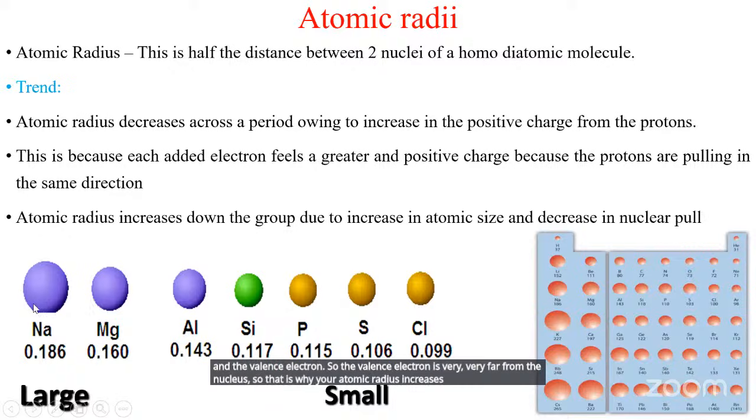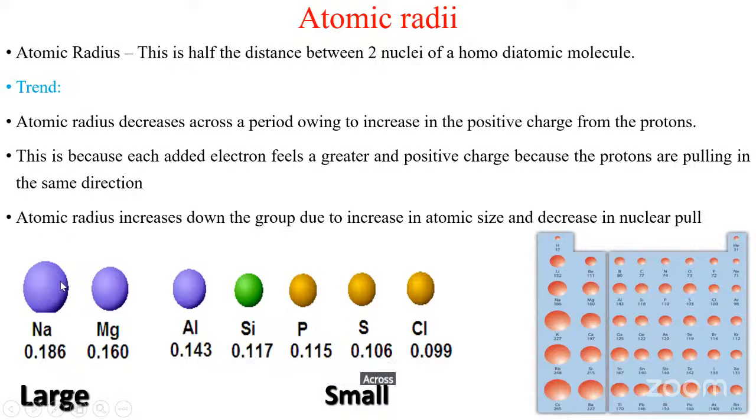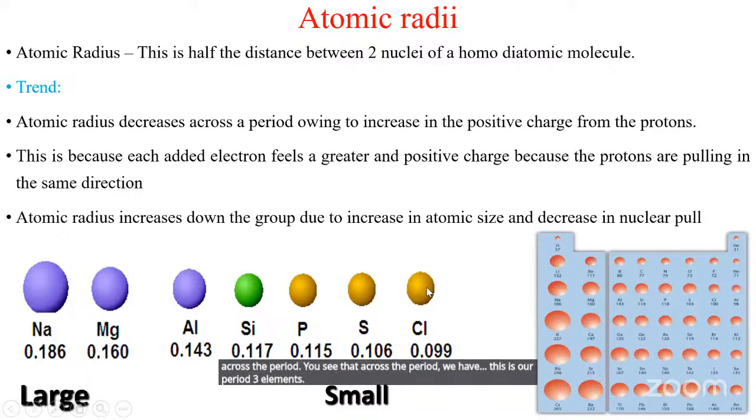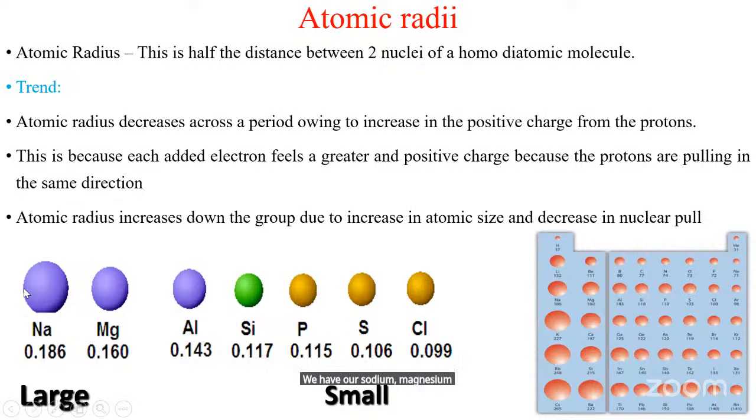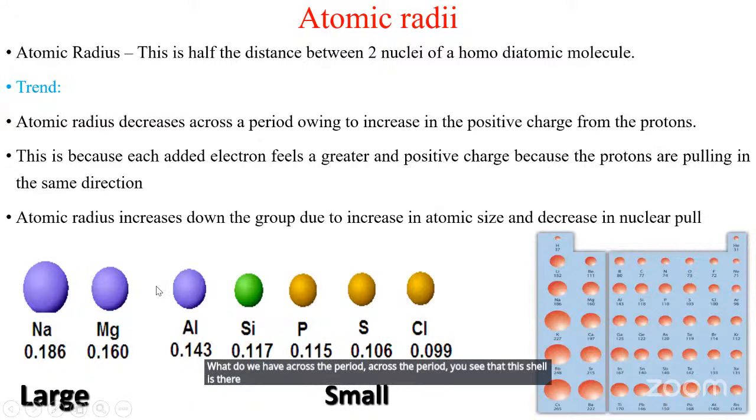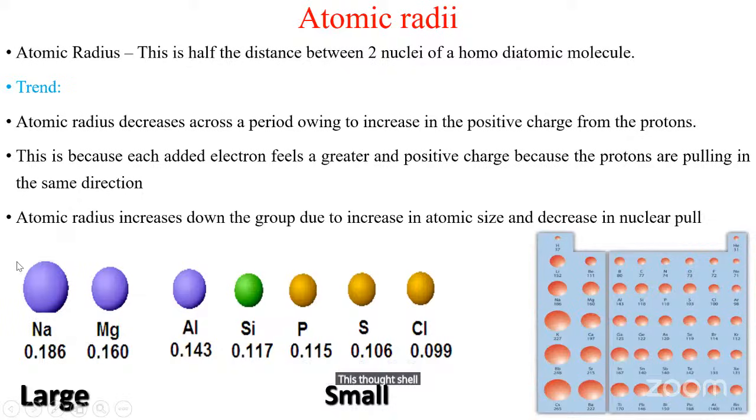So now what happens across the period? Across the period, this is our period 3 element. We have our sodium, magnesium, up to your chlorine. What do we have across the period? You see that the shell is not increasing. Why? Because all the electrons are being added on the third shell.